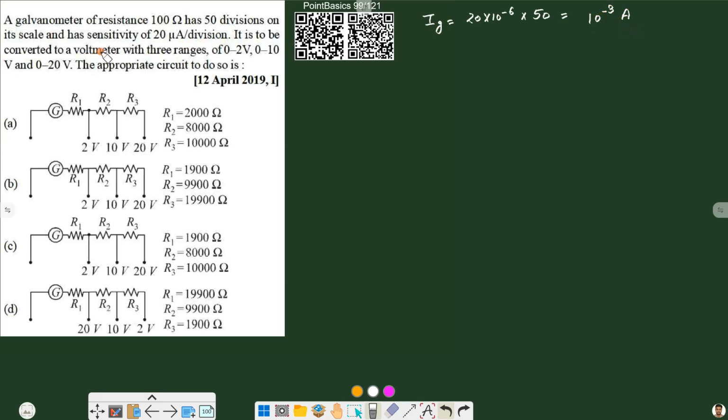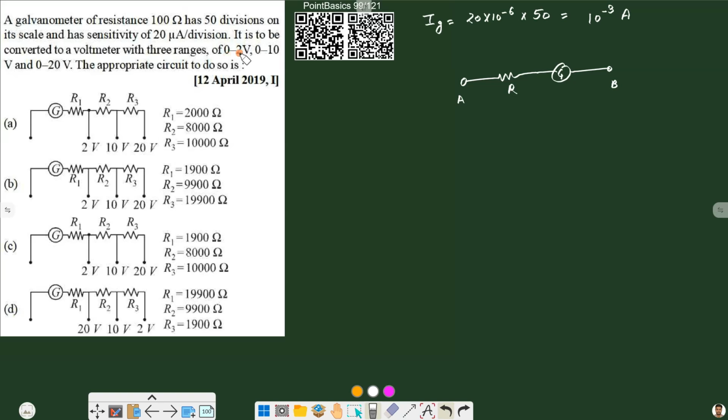It is to be converted into a voltmeter of three ranges: 0 to 2, 0 to 10 and 0 to 20 volt. Which is the appropriate circuit to do this? Now to convert a galvanometer into a voltmeter with a certain range, the basic diagram is something like this: this is our additional resistance and we have a galvanometer here, and these are our two points A and B. Now these points A and B define the range, how much potential is to be measured.